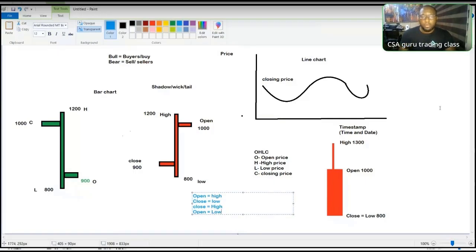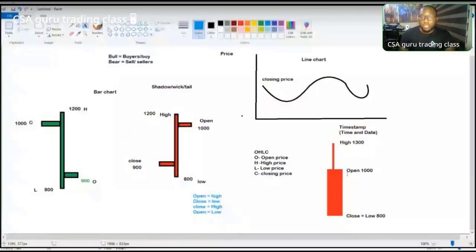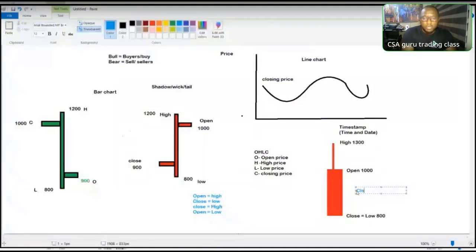These are the scenarios we can have. So we have open equals to high. For what we have right now, close equals to low, so we are currently on scenario 2.